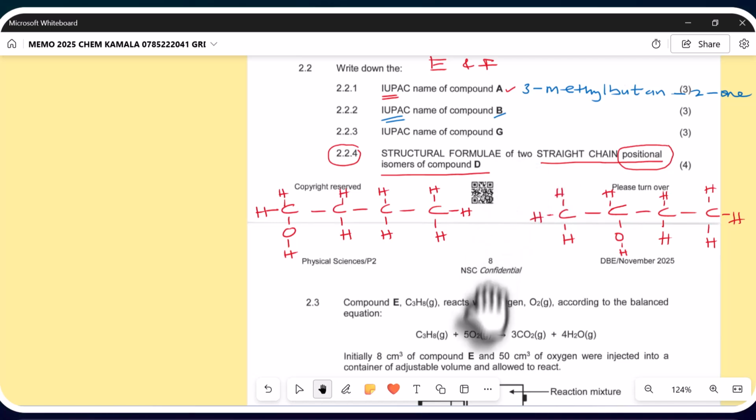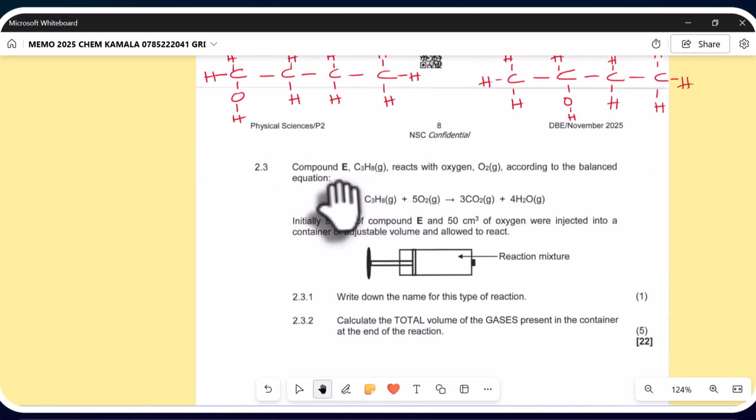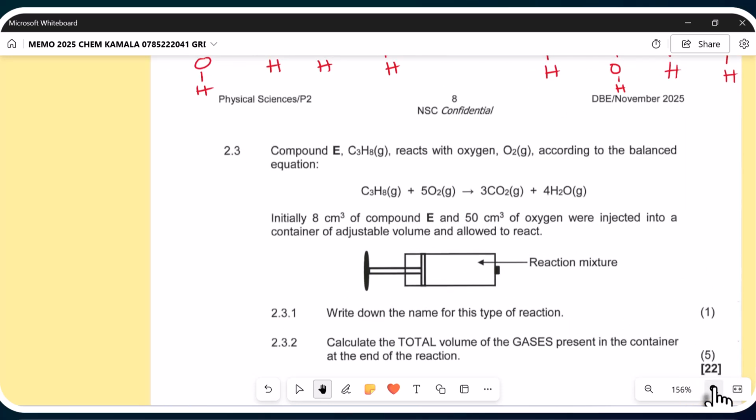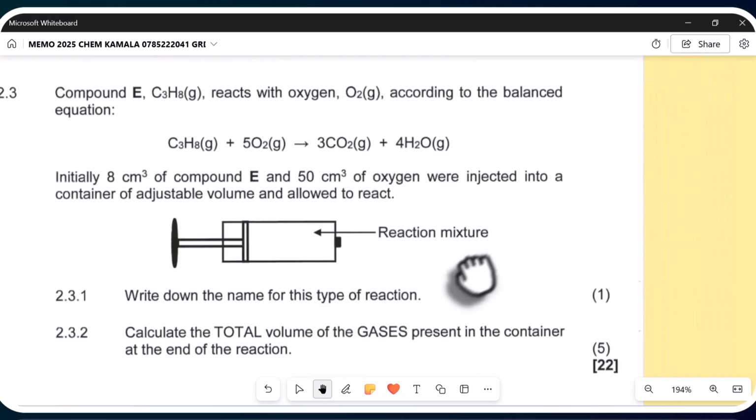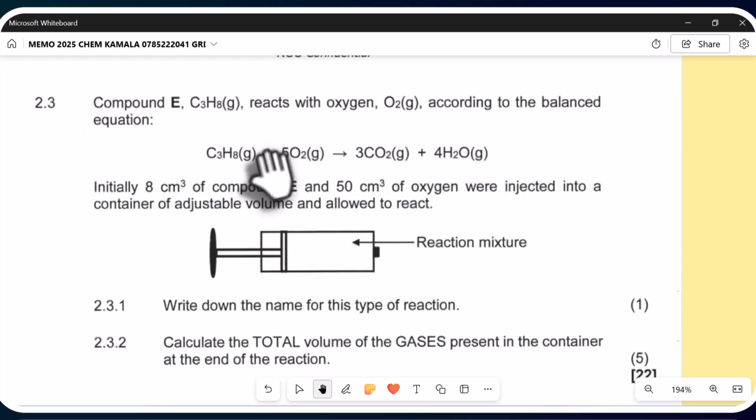Now they say that initially we have 8 cubic centimeters of compound E and 50 of oxygen. They were injected into a container of adjustable volume and allowed to react. Write down the name of this type of reaction. Because we are burning with oxygen, we call it a combustion reaction.